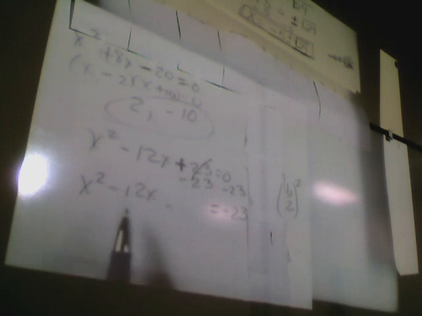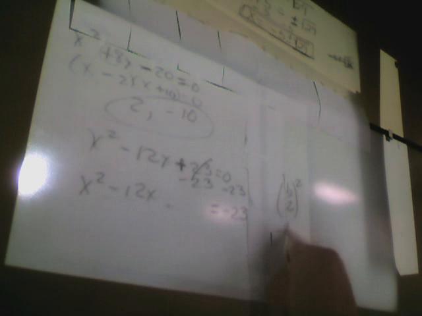So b is 12, negative 12 actually, right? Our b is negative 12. Take half of that and square it. Half of negative 12 is negative 6. When you square that, it's 36. We're going to add 36 to both sides.